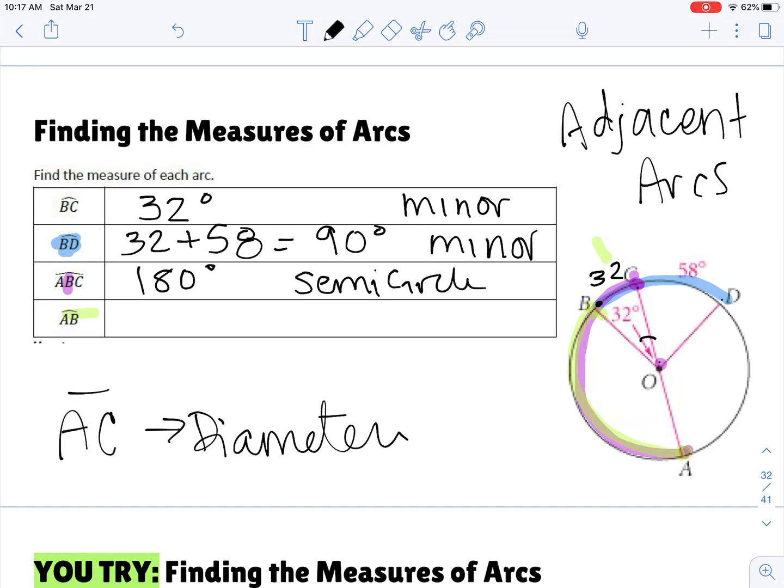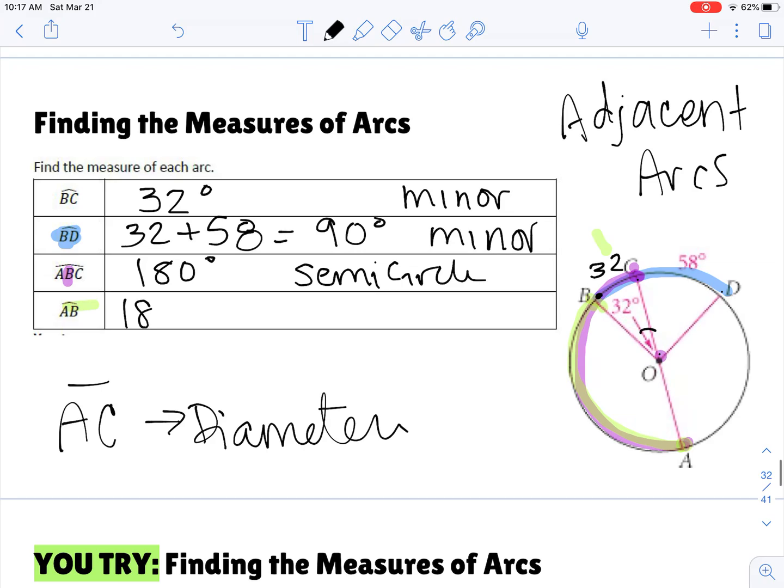So to find AB, we would subtract. 180 minus 32 equals 148 degrees. This is still a minor arc because it's less than 180 degrees. It's smaller than a semicircle. So this would be 148 because these would have to add up to 180 degrees.